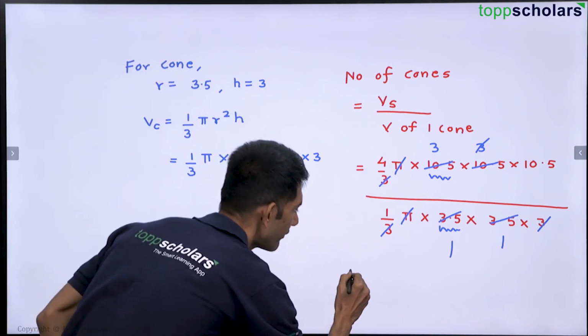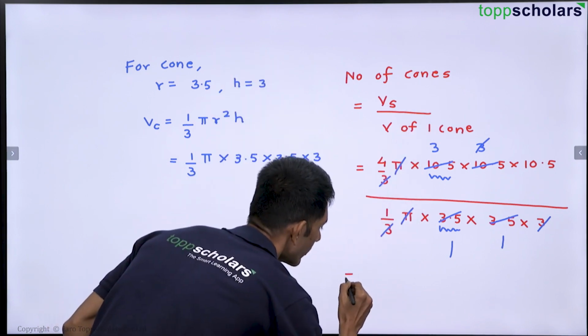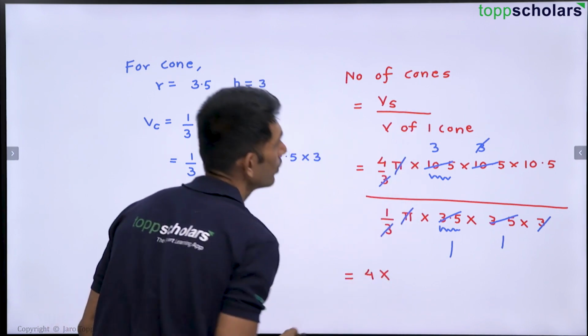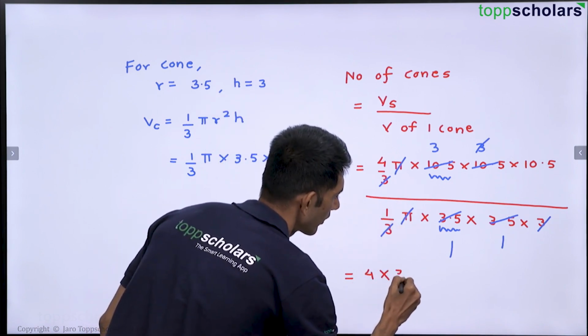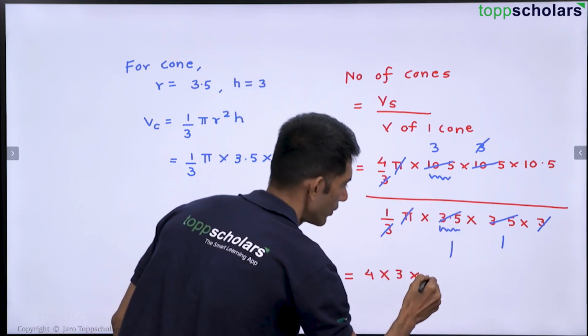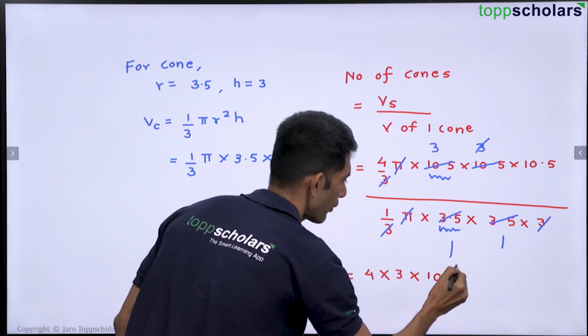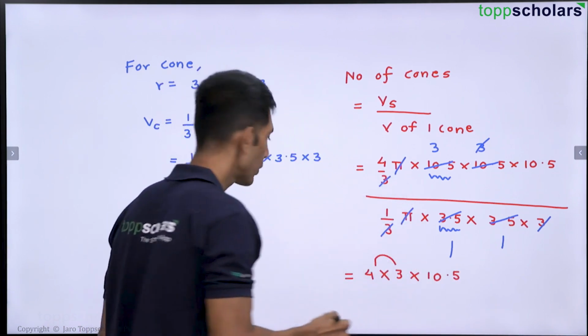So here what do we have? Finally we get 4 into 3 into 10.5. So 4 threes are 12, 12 into 10.5.